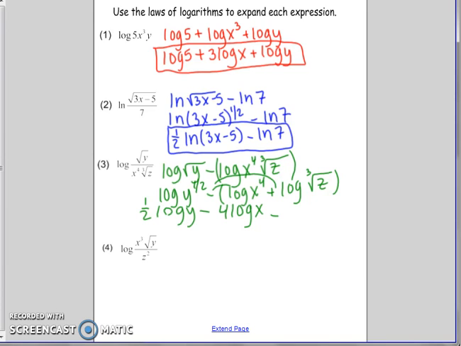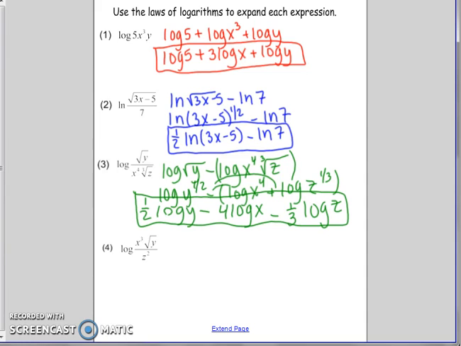And then the cube root of z, I'm just going to change it up here real quick. The cube root of z is just going to be z to the 1/3. So I'm going to bring that exponent in front, and then I have log z. So 1/2 log of y minus 4 log of x minus 1/3 log of z.